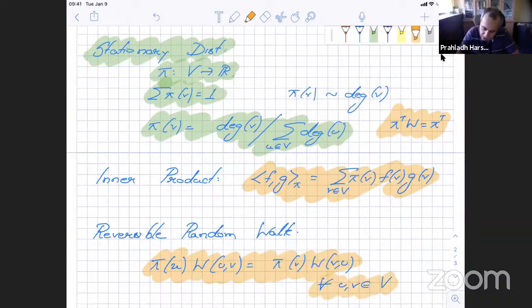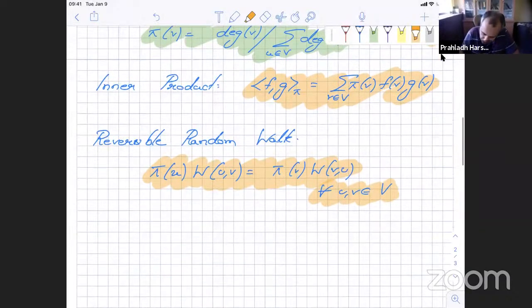This condition is equivalent to stating that W equals W star, that is, W is self-adjoint under this inner product. Therefore, the spectral theorem tells us that we have a full eigen decomposition.